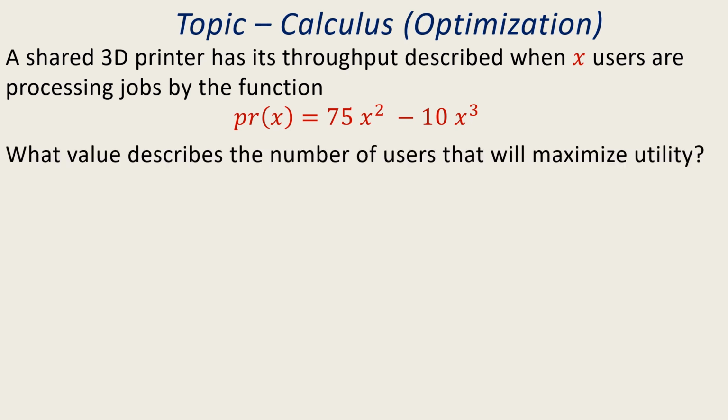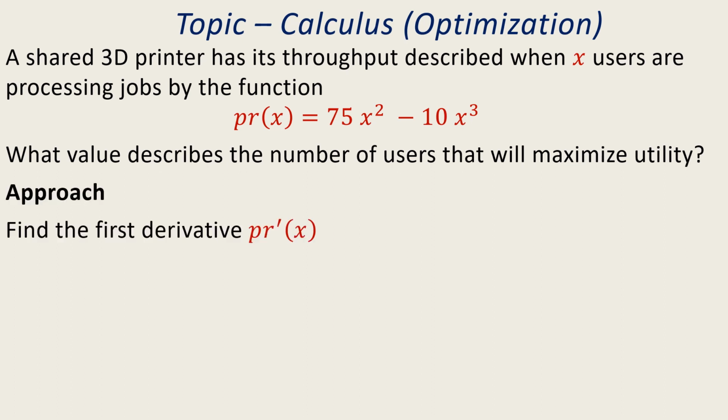You want to find out how many users should be allowed to use it simultaneously in order to maximize the throughput. If the throughput isn't maximized, then the printer isn't being used to its full capacity.